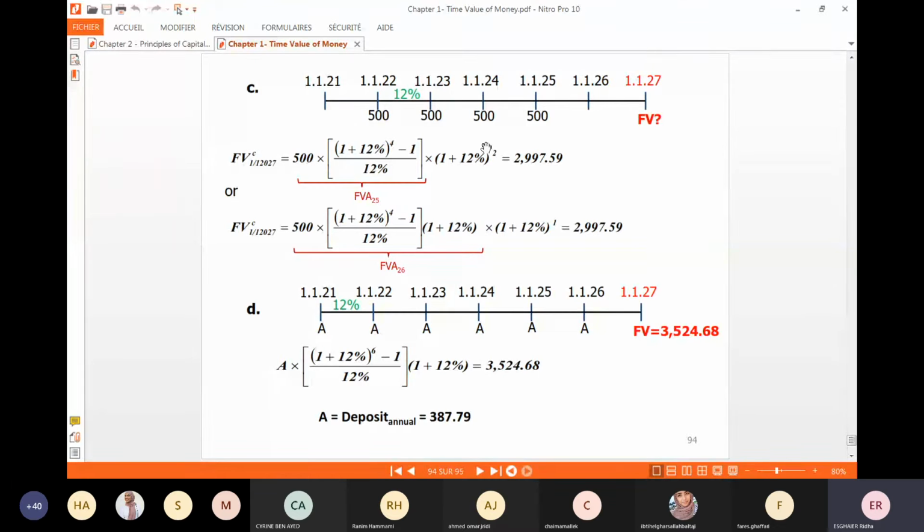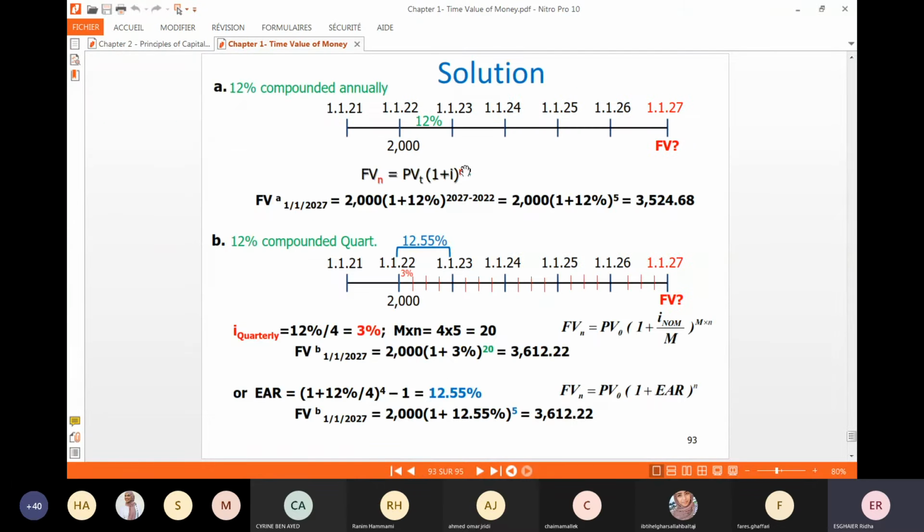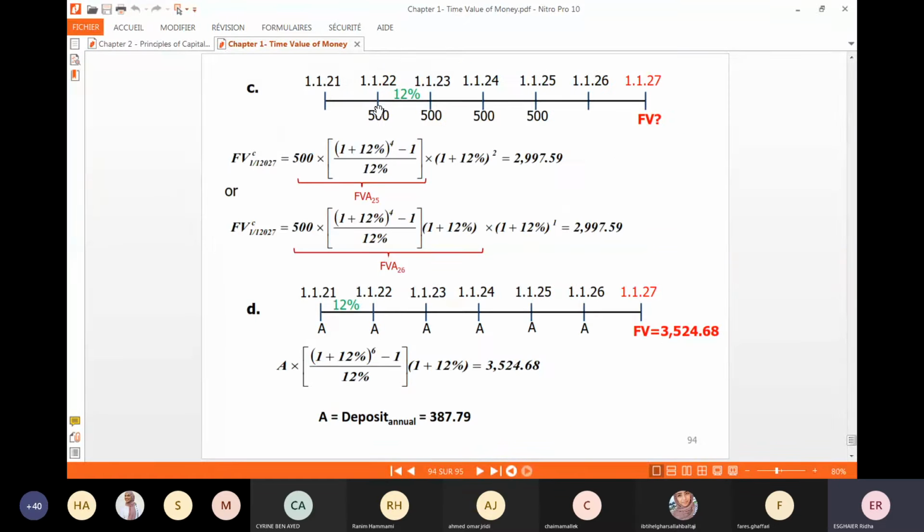So first 500 will be compounded at 12% during 5 years, power 5, plus 500 times (1 plus 12%) power 4, plus 500 times (1 plus 12%) power 3, and 500 times (1 plus 12%) power 2. And you make the sum. You'll find 2,997.59. Or, to save time and avoid many errors in the calculation, we will treat these deposits as an annuity.